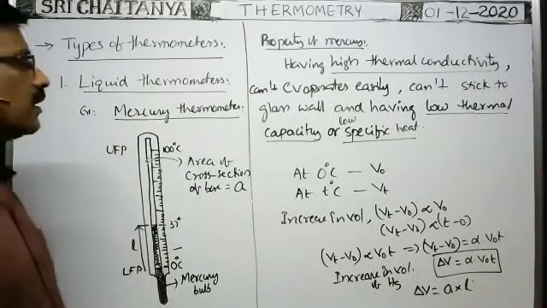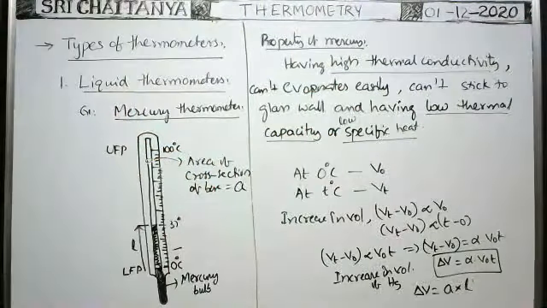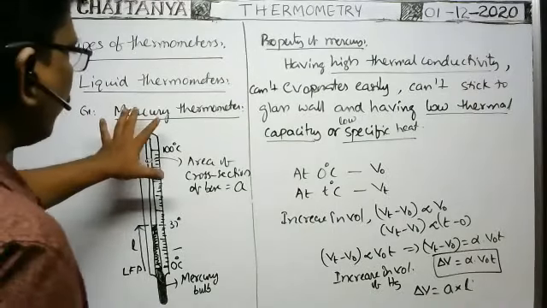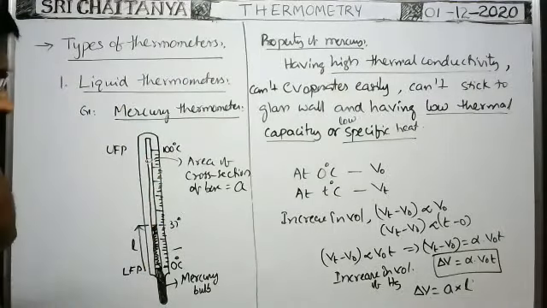Okay, this is the mercury thermometer. Here these points are important. With the help of the mercury thermometer, what is the range of temperatures we can measure? With mercury thermometers, we can measure temperatures from minus 50 degrees centigrade to 350 degrees centigrade. Of course, not with the ordinary mercury thermometer we use, but we can construct it.